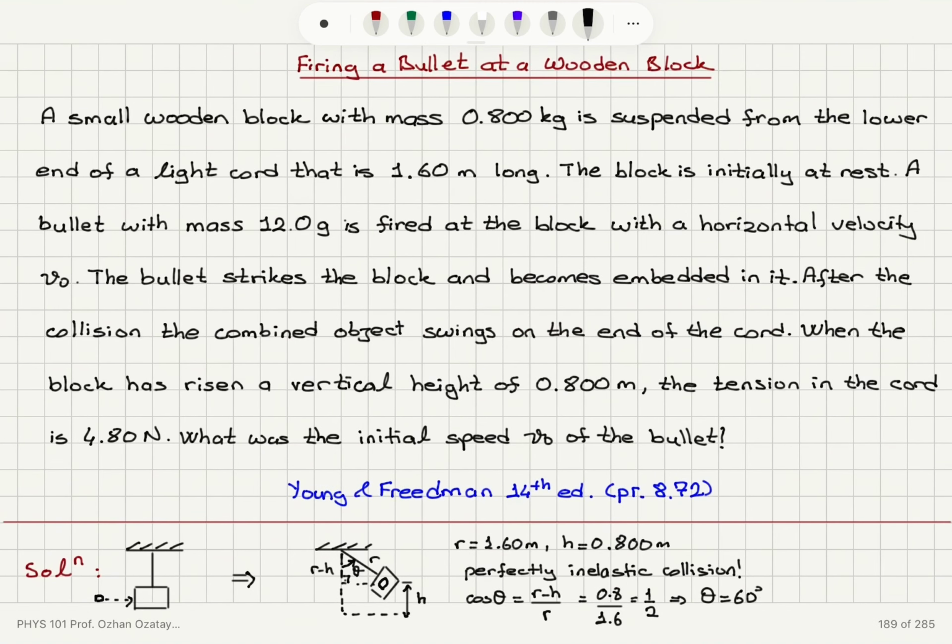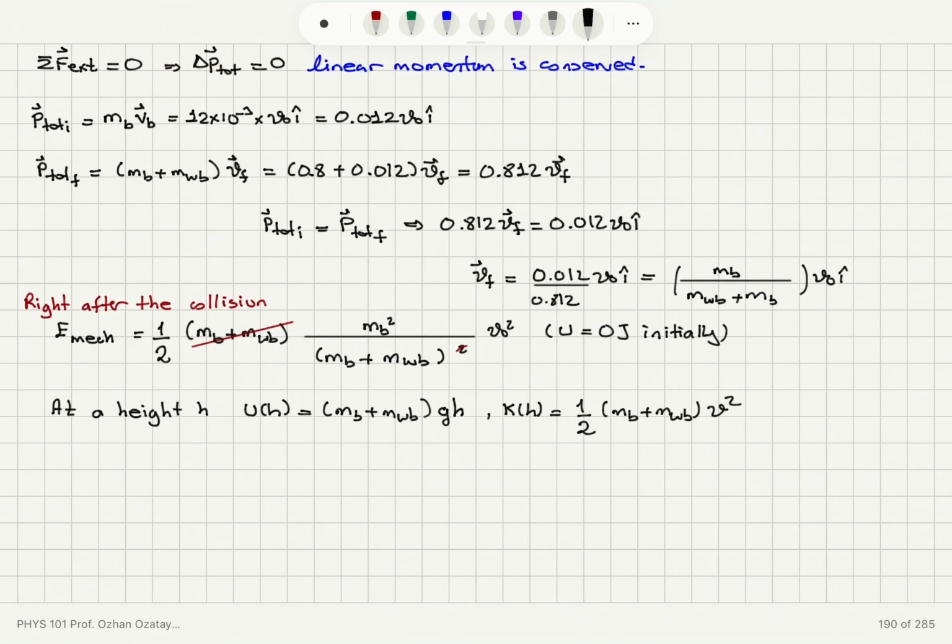We don't have any friction mentioned during this process. So basically we can say that mechanical energy is conserved for the swing.